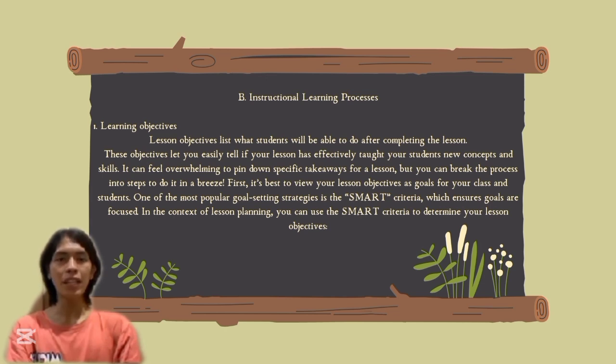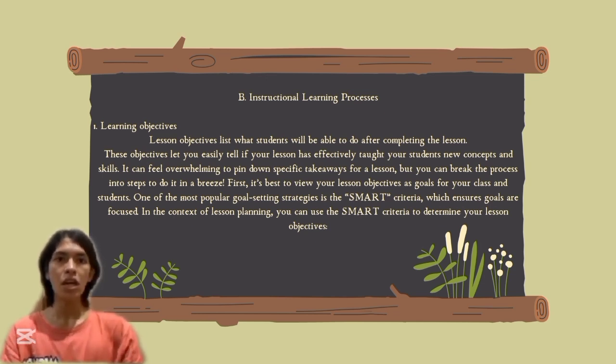To create effective learning objectives, use the SMART criteria. S is for specific, M is for measurable, A for attainable, R for relevant, and T is for time-bound. Specific: we must clearly state what students will learn.